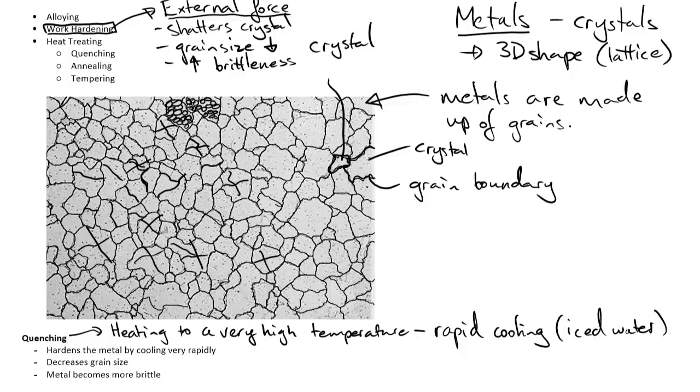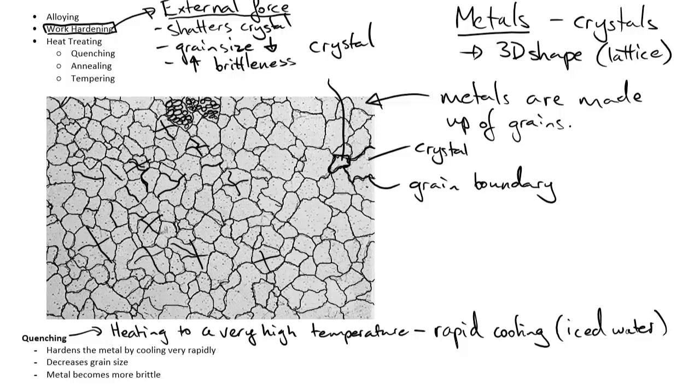So the rapid cooling ends up freezing the atoms into a smaller grain size. The metal material decreases in grain size.